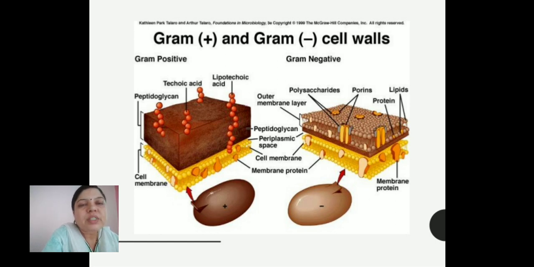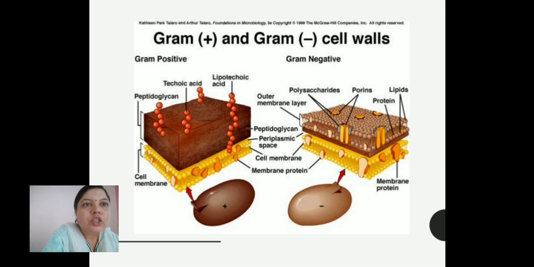You can easily see here that the peptidoglycan layer content is more in gram positive bacteria, and the cell membrane is present below that peptidoglycan layer. Teichoic acid and lipoteichoic acid are also present in gram positive cells, whereas in gram negative cells, you can see that the peptidoglycan layer is very thin, and above that one more outer membrane layer is present.